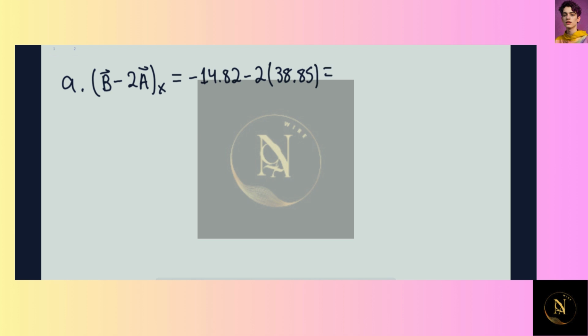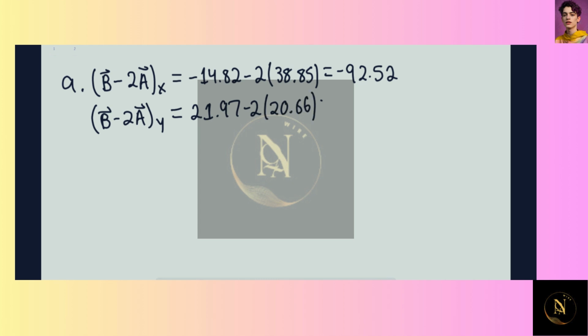This is giving us negative 92.52. Let's do the y component. This will be 21.97 minus 2 times 20.66. This is giving us negative 19.35.